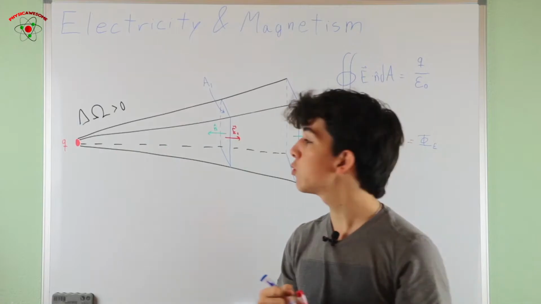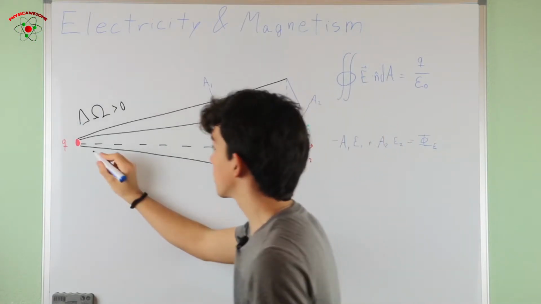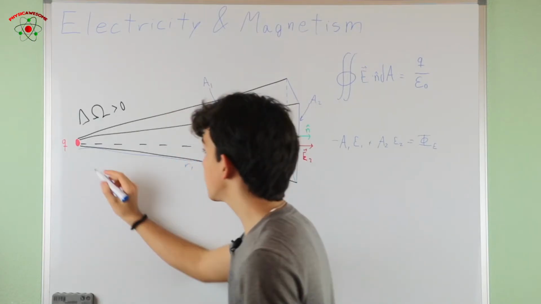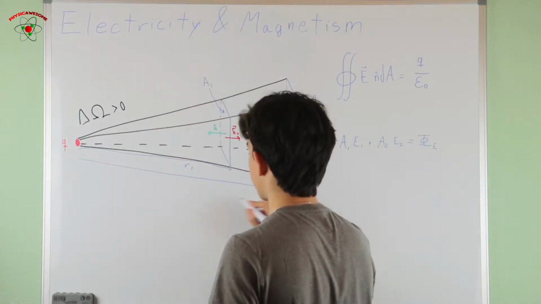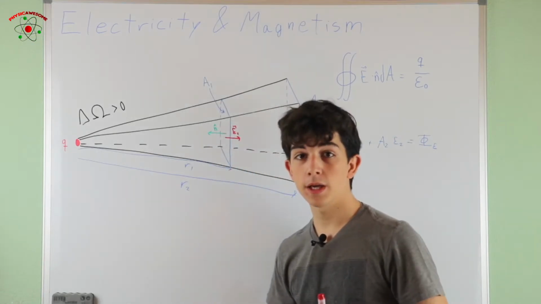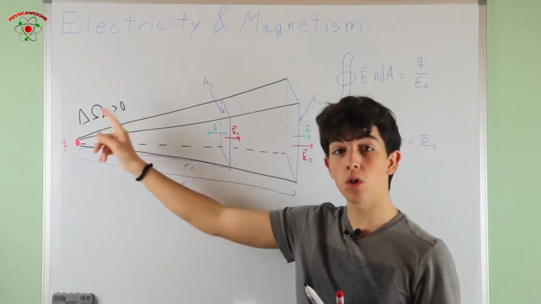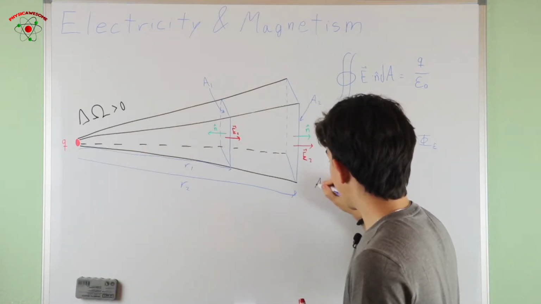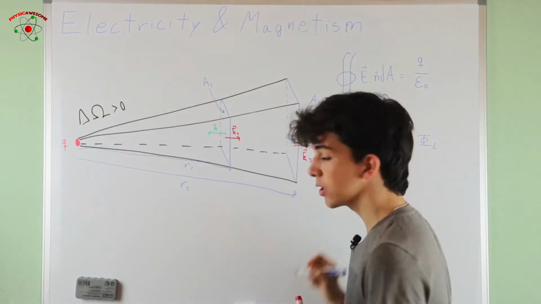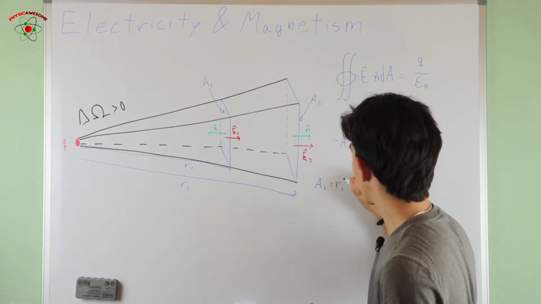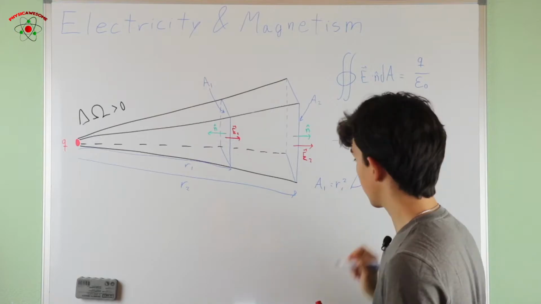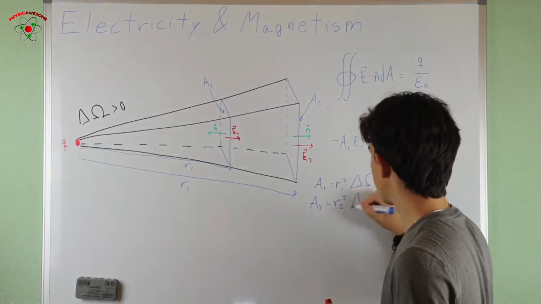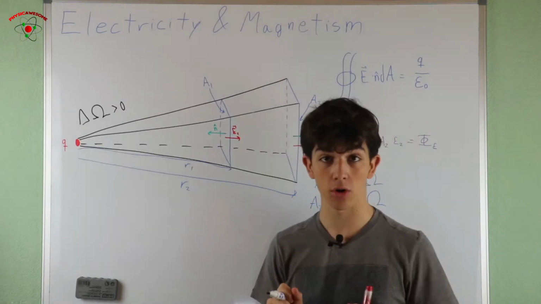To do so, what we are going to do is define that this is at a distance R1 and that the second surface is at a distance R2. Now, as this is a very small angle, we know that A1 is going to be equal to R1 squared times this solid angle, and A2 is going to be equal to R2 squared times this same solid angle.